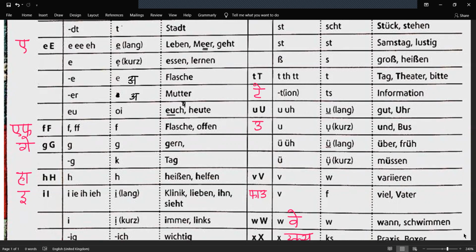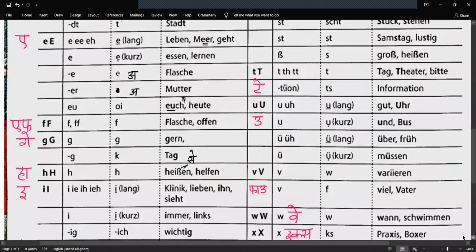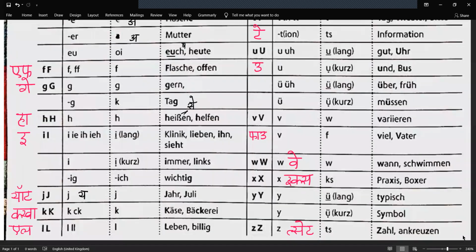Then next, H sound, heißen. Here you will see this produces the s sound. Heißen, helfen. Then E has a lot of combinations that create the same sound, that is E, IE, IEH or EH. Klinik, lieben, lesen, lehren.